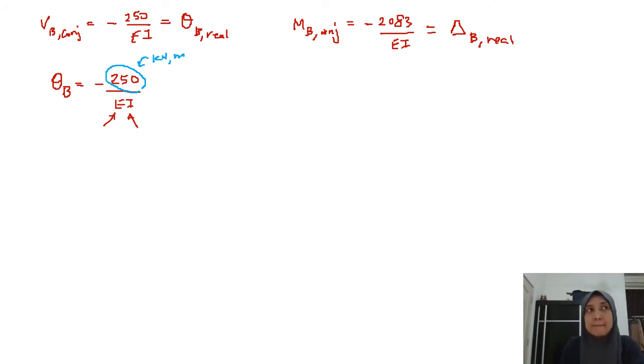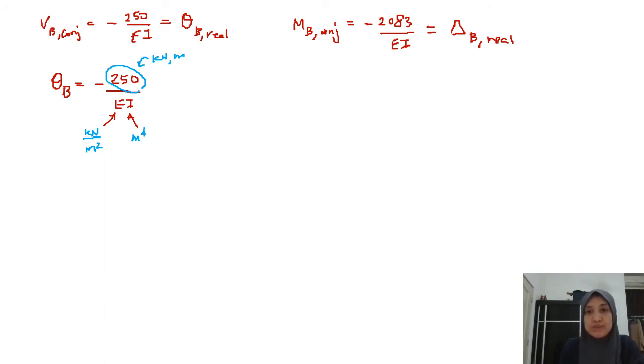E is stress over strain, so the unit is stress, kilonewton per meter squared, and I is in meter to the fourth. If you ensure that the units are consistent, you don't have to worry about whether or not your answer is correct.